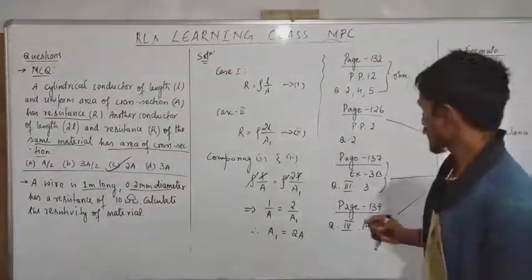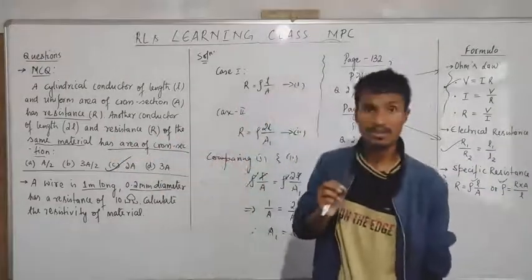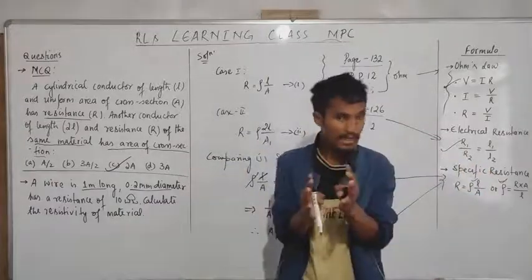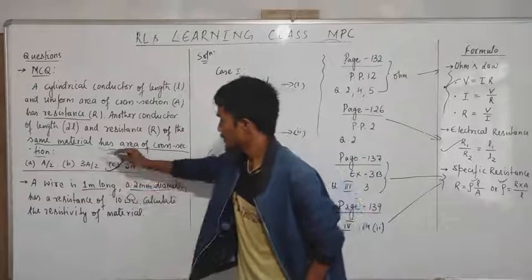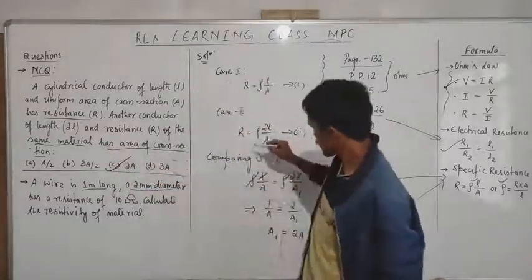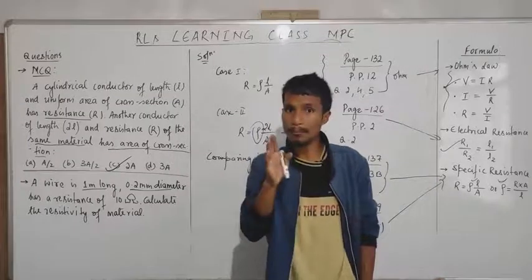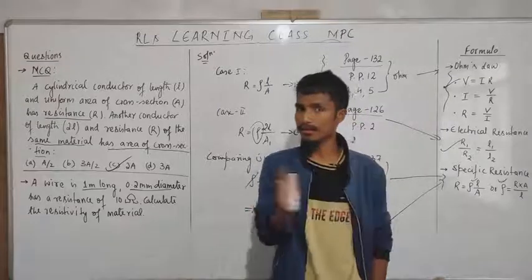Do check it. Remember, I told you for the same material the resistivity does not change, whether you increase the length of that conductor, decrease the length of the conductor, or make that conductor big or small. This rho, the resistivity, does not change. Remember, for a particular material, whatever you do, the resistivity does not change.